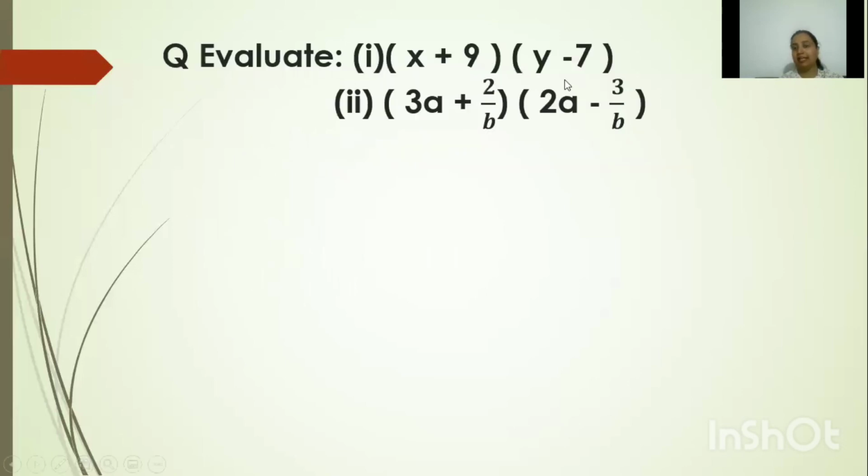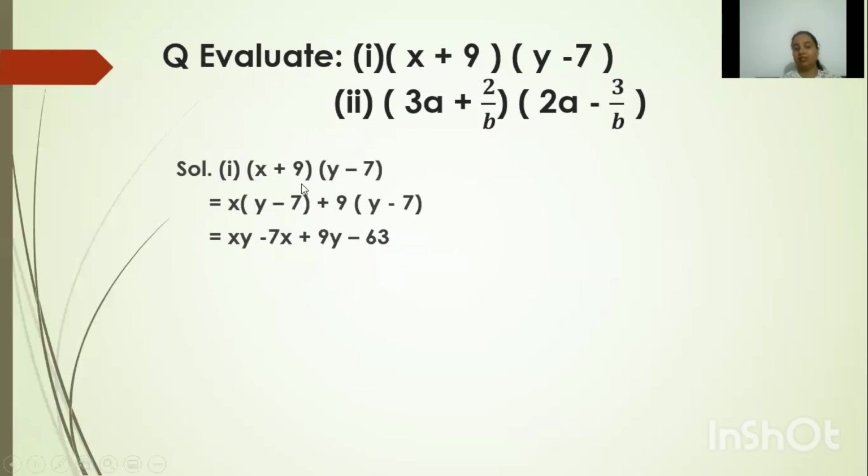Now see the next sums. Evaluate x plus 9, y minus 7, and the second option. See, simply, here the variable or the number written in the first place is different and the second place is also different. Signs are also different. So we are just using the distributive law: x is multiplying y minus 7, plus 9 is multiplying y minus 7.